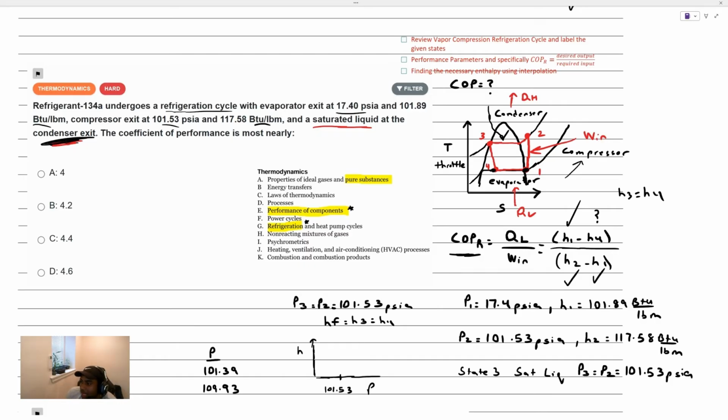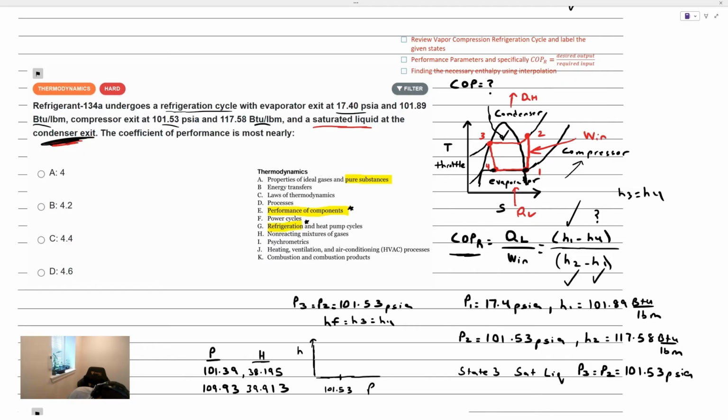And then additionally, we have an enthalpy of a saturated liquid, which corresponds to 38.195, and 39.913.